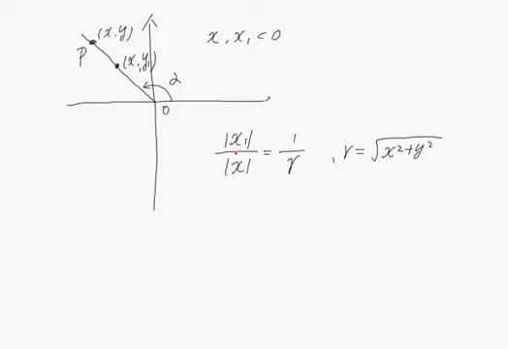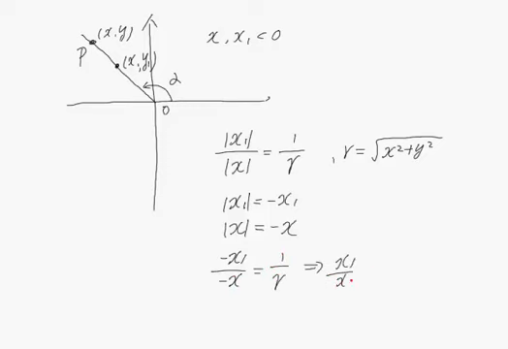When we remove these absolute value bars, the absolute value of x1 is just equal to negative x1, and the absolute value of x is equal to negative x. So you get negative x1 over negative x equal to 1 over r. This implies x1 over x equals 1 over r.